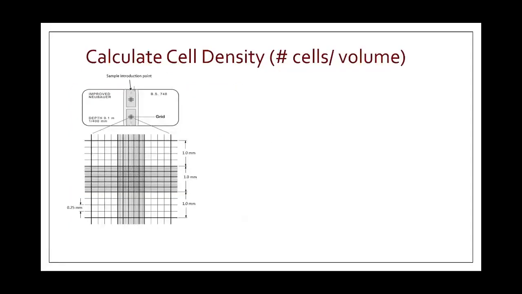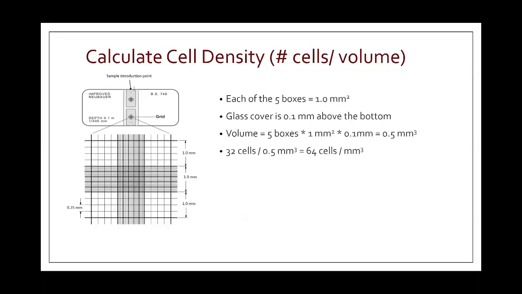We want a cell density calculation because this is handy when we're working with cells. So you had to calculate the number of cells in a volume. The dimensions of the hemocytometer were given to you. Each one of those boxes is 1 millimeter squared with a height of 0.1 millimeters. So all 5 of the boxes are going to be 0.5 millimeter cubed, right?